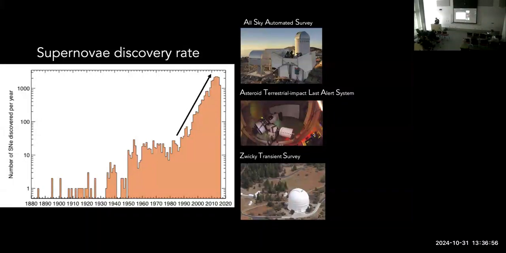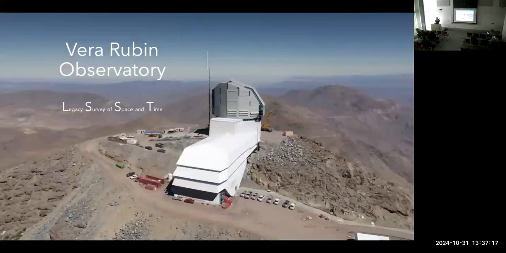undirected surveys that have been built. So you can see the number of discoveries over the years. And so after around the 1990s, things just skyrocket upwards. And this is really just the start. This is going to be much more extreme with some of the upcoming LSST surveys.